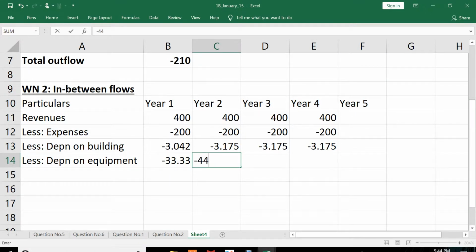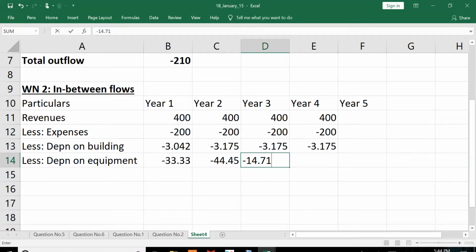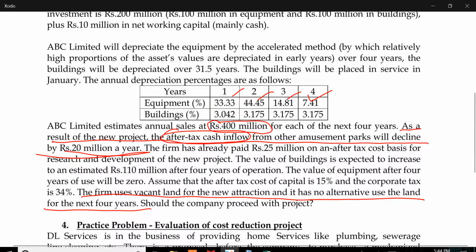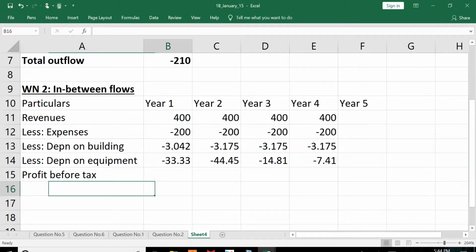It will be the same numbers as it is, because 100 is the cost. The depreciation given in percentage will be same as given in millions also, because it will be multiplied with 100. Profit before tax.